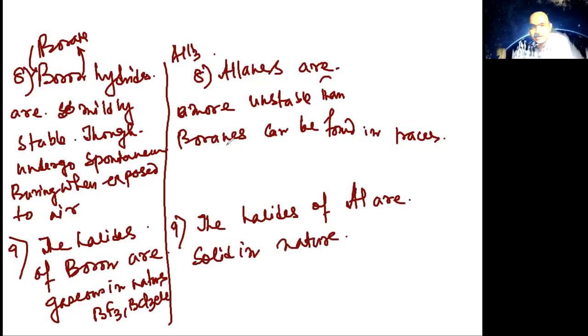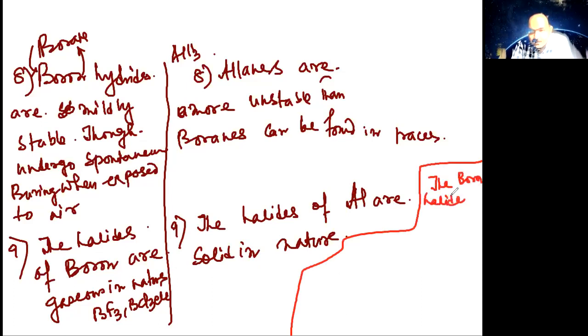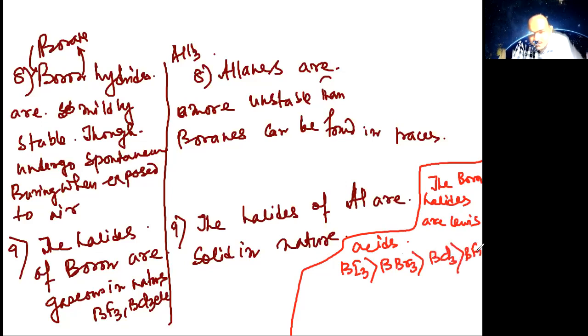Though there is a trend, you can write down as a note here, that the boron halides are Lewis acids. The trend is BI3 is greater than BBr3 is greater than BCl3 is greater than BF3. This is the Lewis acidic strength.